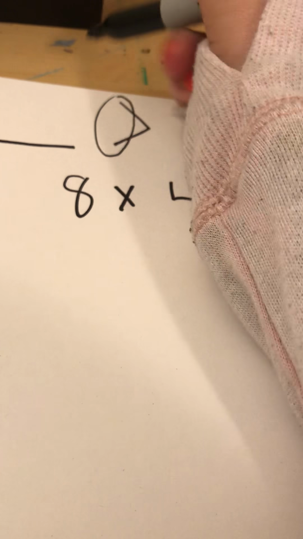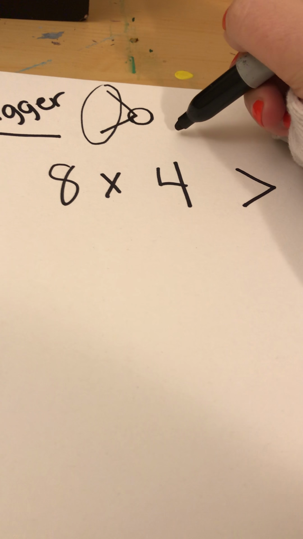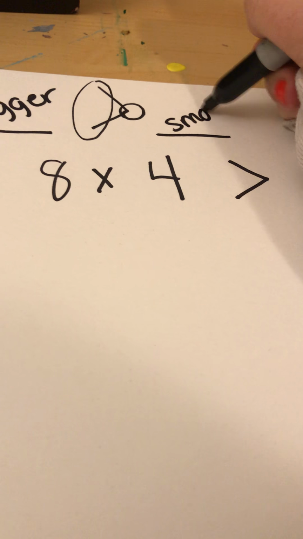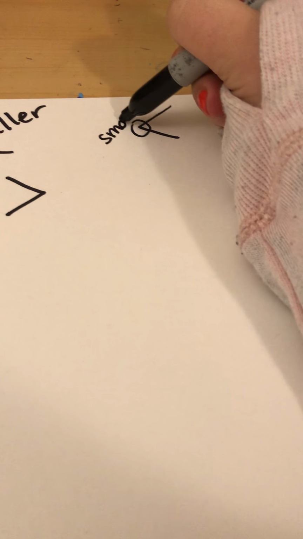So this number is going to be the bigger number, and the smaller side is on this side, so the smaller number goes over here. This symbol, less than, because the smaller number is on this side, and the larger number is where the bigger opening is, right? And then of course you have your equal sign.